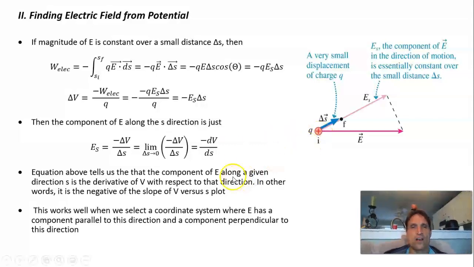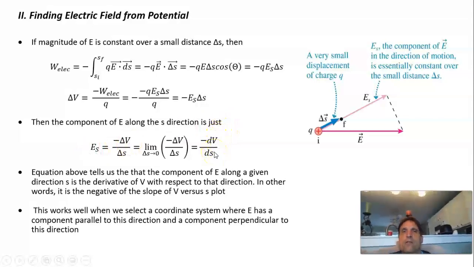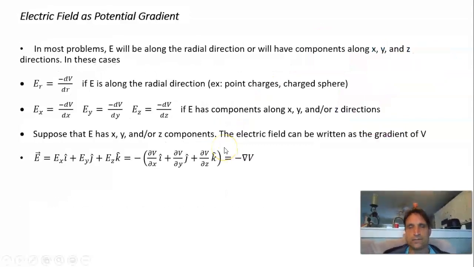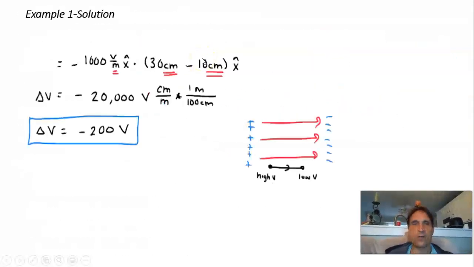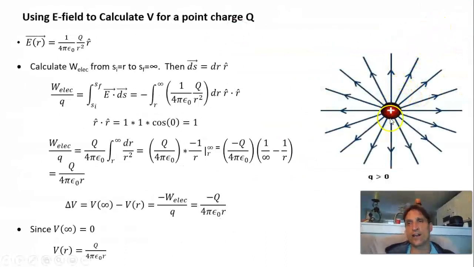In other words, just as the voltage is related to the area under the curve of the electric field, the electric field is related to the slope or the derivative of the plot of voltage versus S. And so, since S can be any direction, in many cases the electric field will be along the radial direction. Here's an example, point charge, go back here. Electric field is radially outward, so it's in the R direction, radial direction.